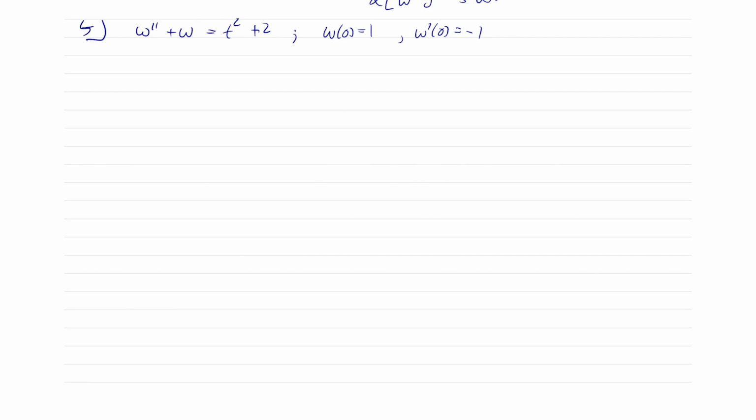So plugging that in, we get s squared times big W of s minus s times w of 0 minus w prime of 0, then plus big W of s. Now the Laplace transform of t squared, we know, is 2 factorial over s cubed, we can use our table, plus 2 over s for the Laplace transform of the constant function 2, again using our table.